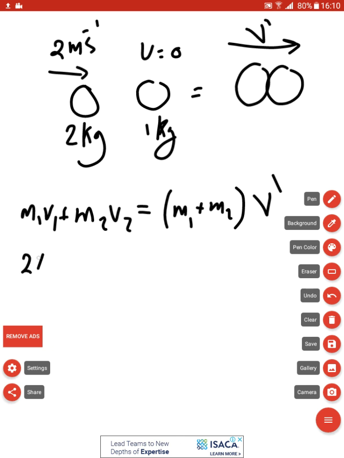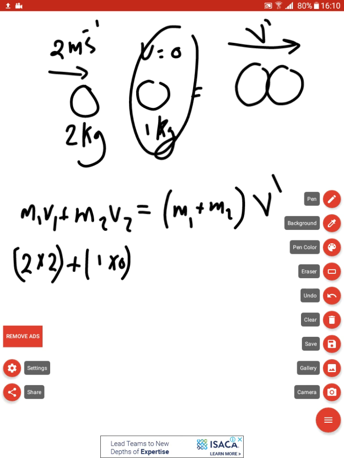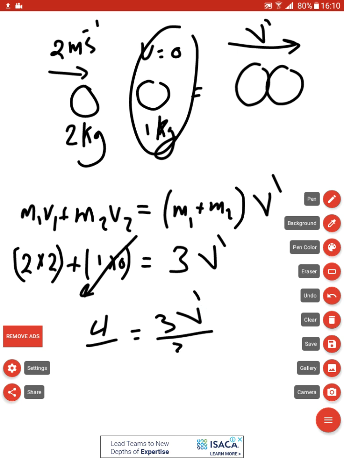Here we have 2 multiplied by 2 plus 1 multiplied by 0, because its speed is 0, it's stationary. It's equal to the total mass, which is 3, multiplied by the new speed. This is 0. 4 equals 3v prime. Divide both sides by 3, so you can find the value of the speed after collision.